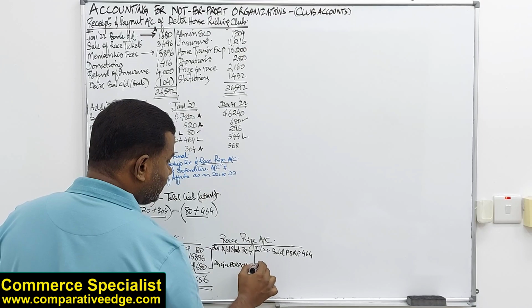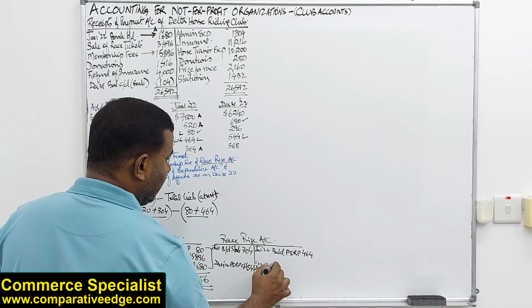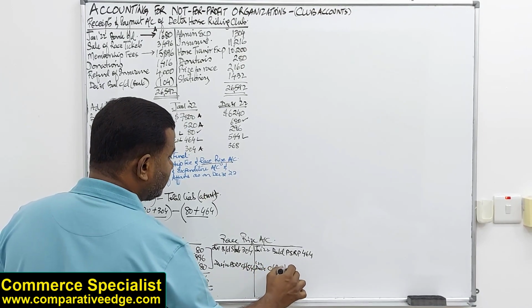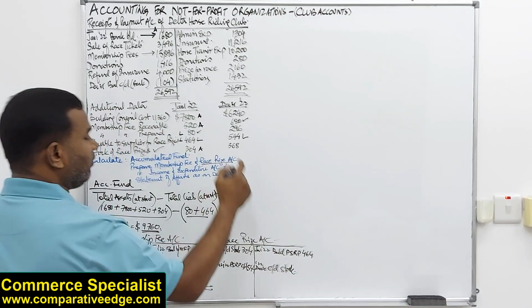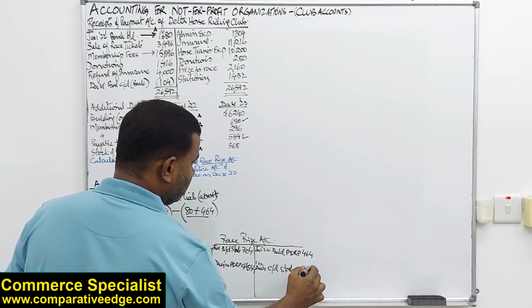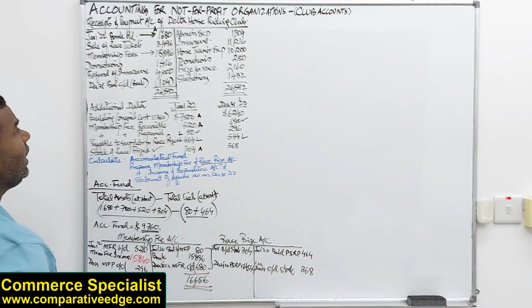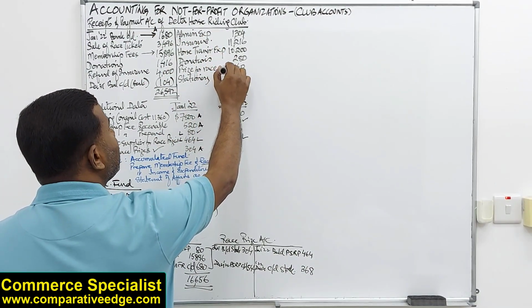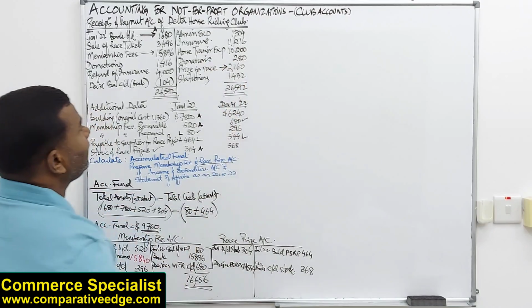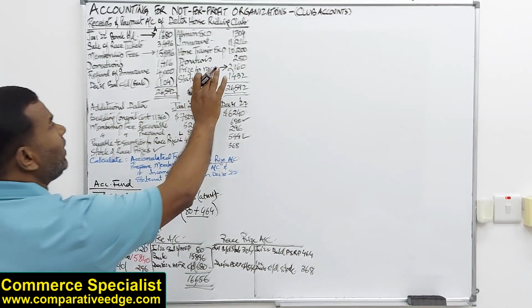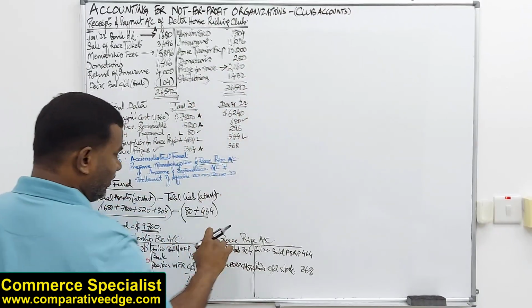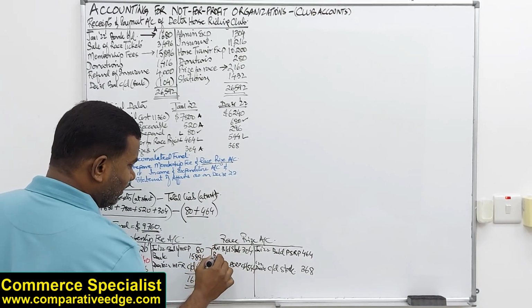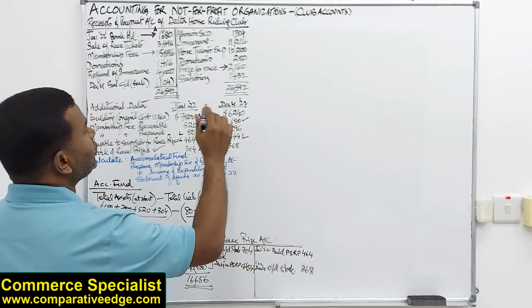So December 31st, 22, carried down balance for stock of raffle prizes is 368. Now, if you look at the payment side, you have paid for raffle prizes. You have purchased some stock here. So when you purchase, bank is credited and raffle prizes are debit. So I'm writing here bank. How much? 2160.